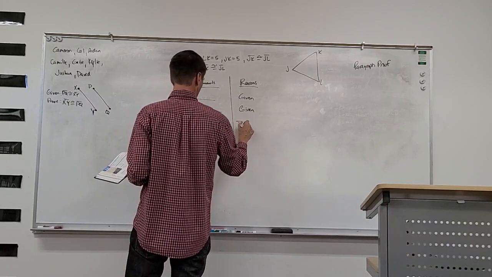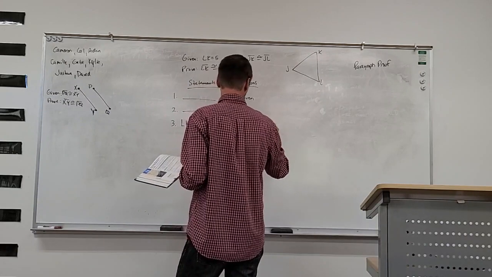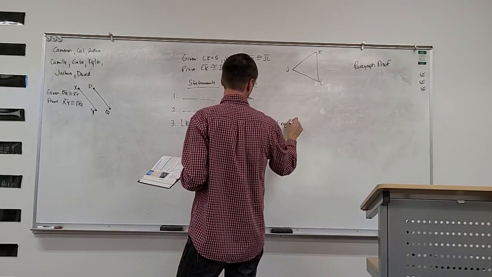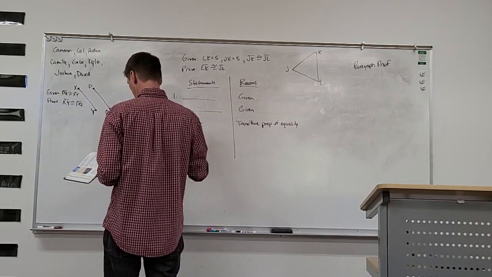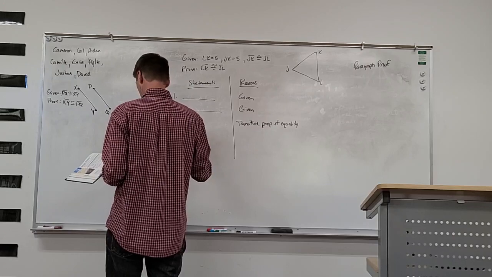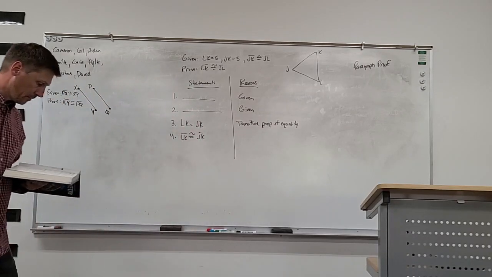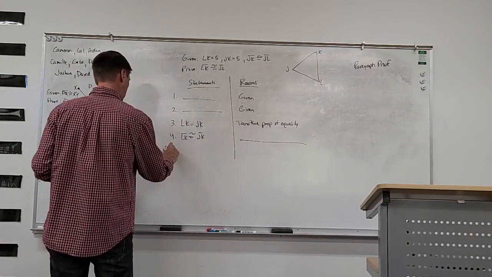And we're going to say that's the transitive property of equality. I'm going to abbreviate some of this, instead of writing out property, just prop. 4 is line segment LK is congruent with line segment JK, and you need to tell me the reason why that is so.